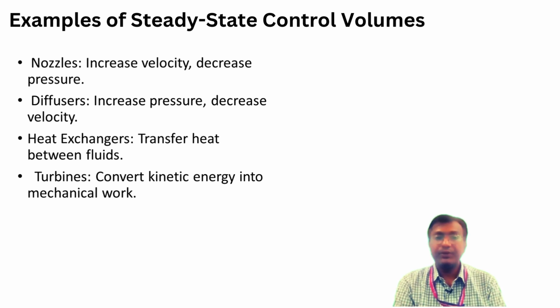The mass flow rates of the steam and the water remain constant. The temperature stabilizes under steady state operating conditions. These examples show how steady state analysis underpins real world engineering applications. Now in the next slide, we will see a small example on a nozzle.